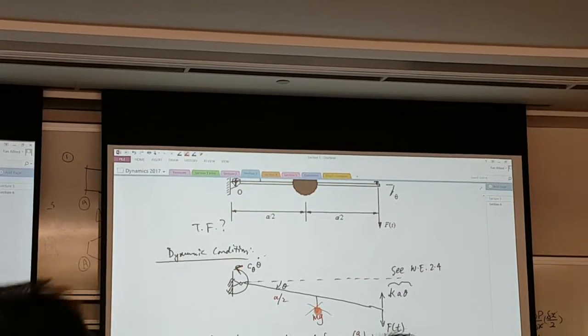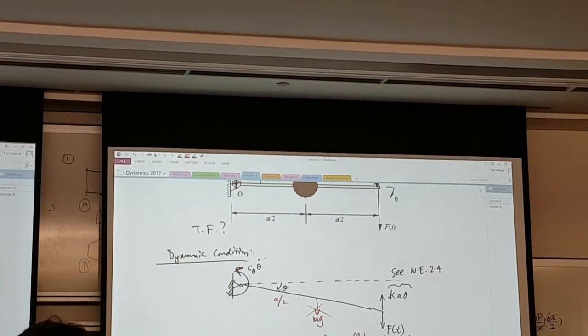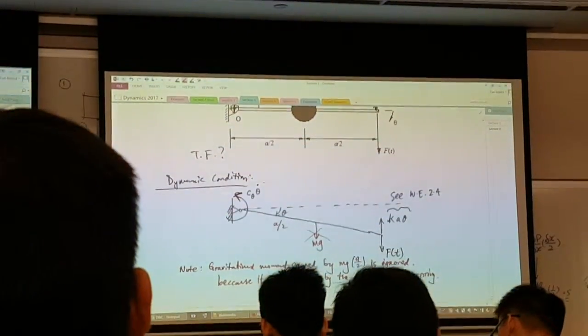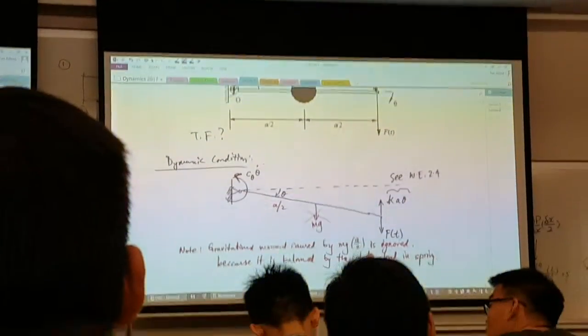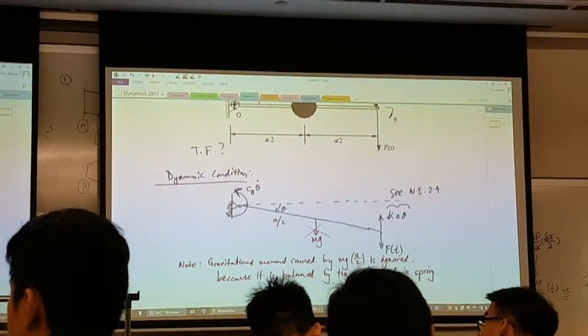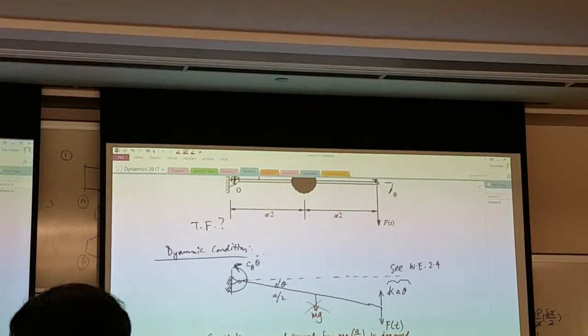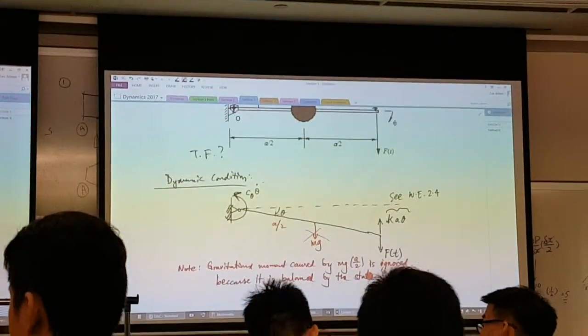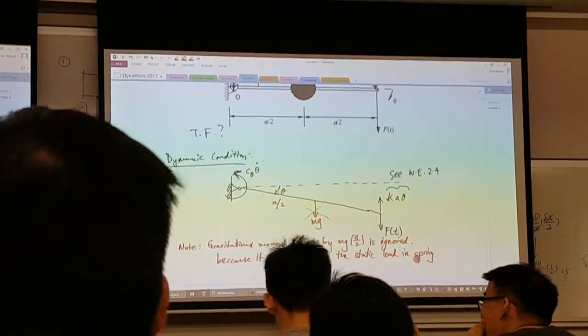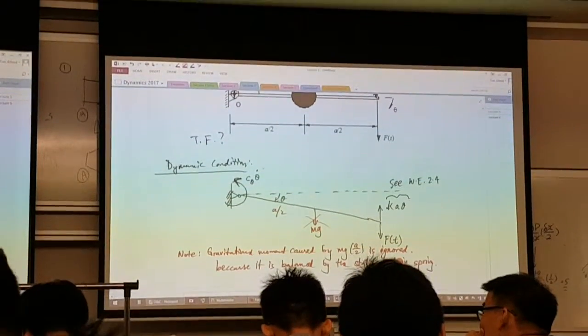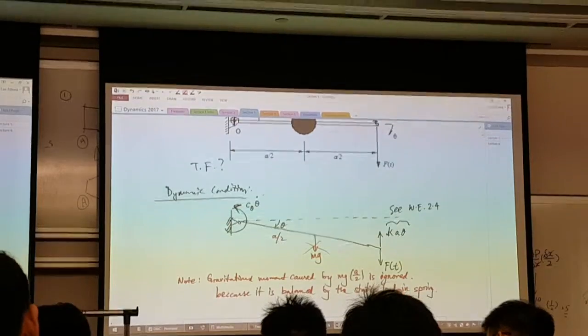It's because that part there is really balanced by the spring in the static load. If you go from static to dynamic, later on you cancel it out. That canceling out is because that spring static load is actually equal to mg. So that's why later on we cancel it out.